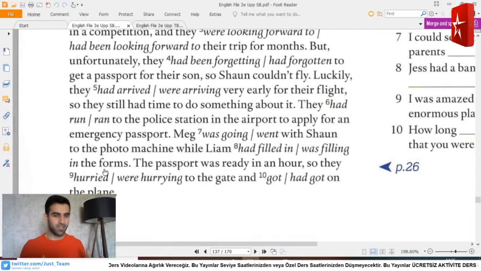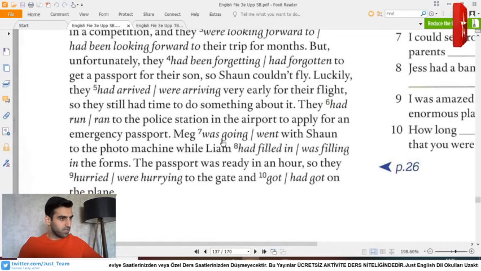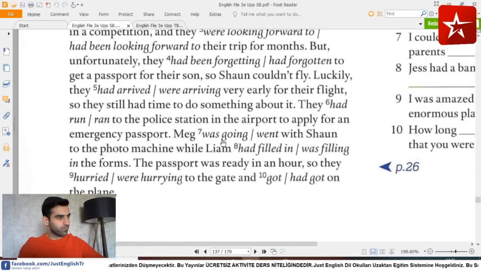It's not a much difficult question. Okay, so the first part, number 7, Tuko says was going, went and was feeling. Arif says went. Okay, let's wait for other answers.